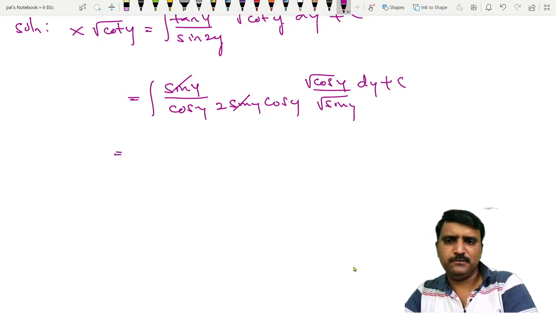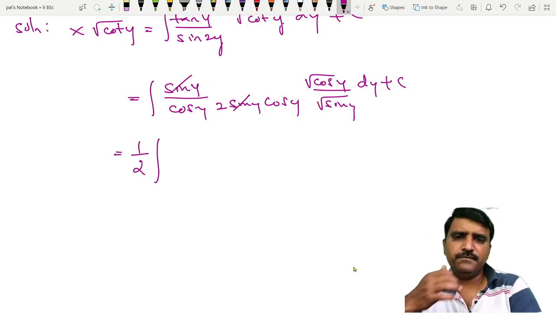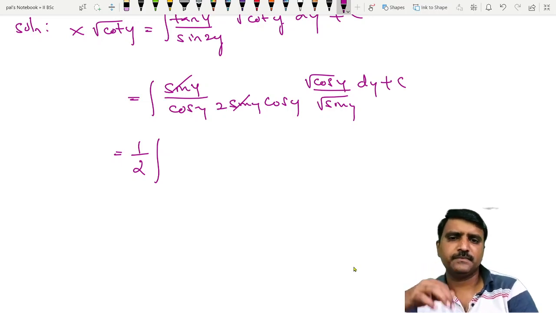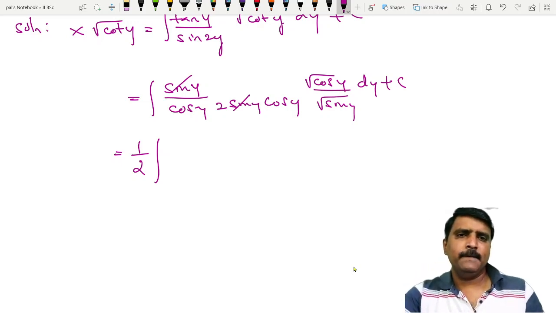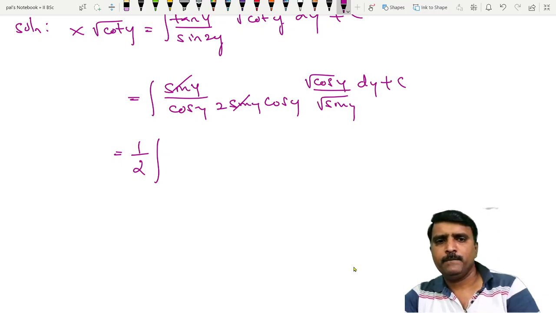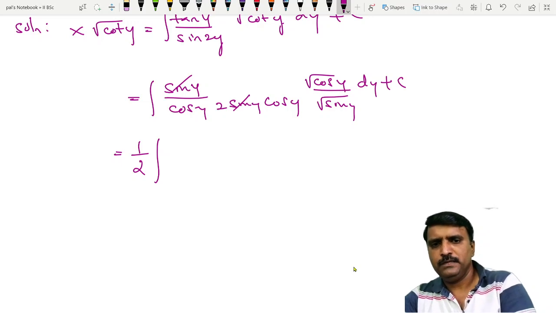Which is equal to 1 by 2 into the integration of, so you see, this is cos y, cos y, cos y into cos y is cos square y, and you keep this root cot y as it is.